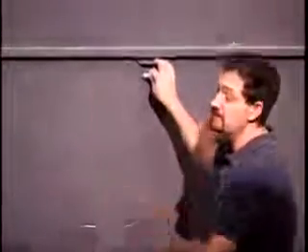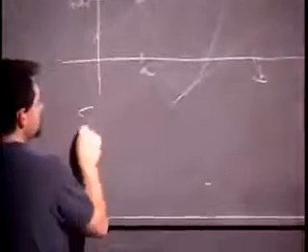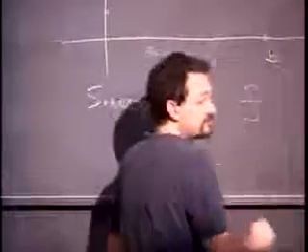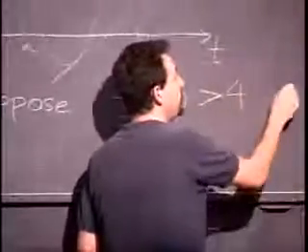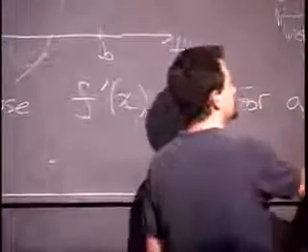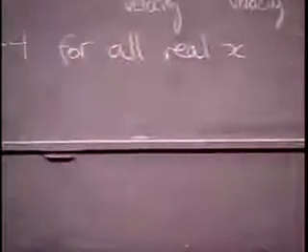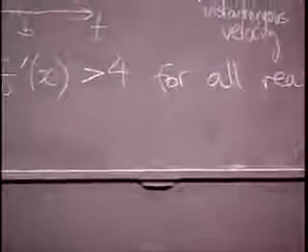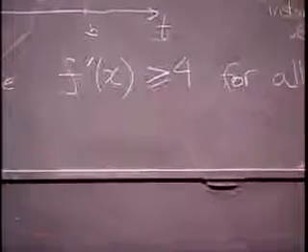It's actually more or less the same example that we just did, but stated in a different way. Suppose that f prime of x is greater than 4 for all x. Okay, I've got some function whose derivative is at least 4. In fact, what the hey, I'll make it greater than or equal to 4.